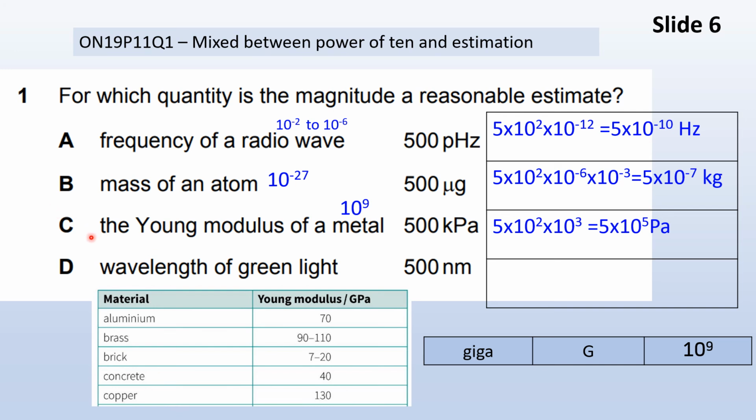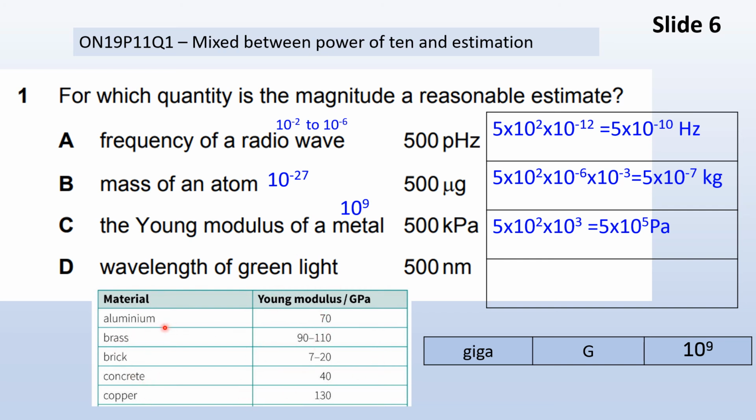Now, for option C, 500 kilopascals. So let's take a look. 500 is 5 times 10 squared. Kilo is 10 cubed. So that will be equal to 5 times 10 to the 5 pascals. So when you bring this table here, metal. It could be any metal: aluminum, brass, copper.